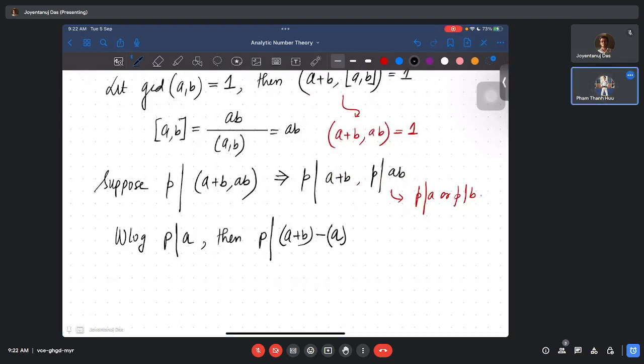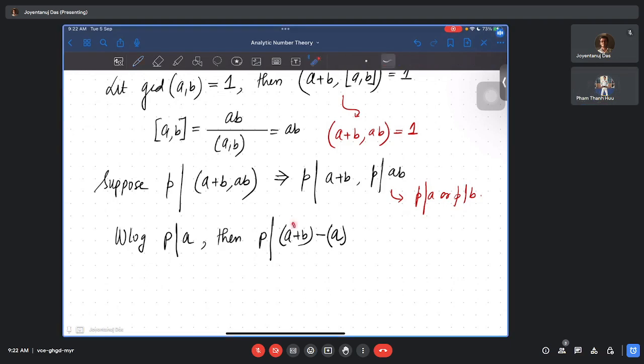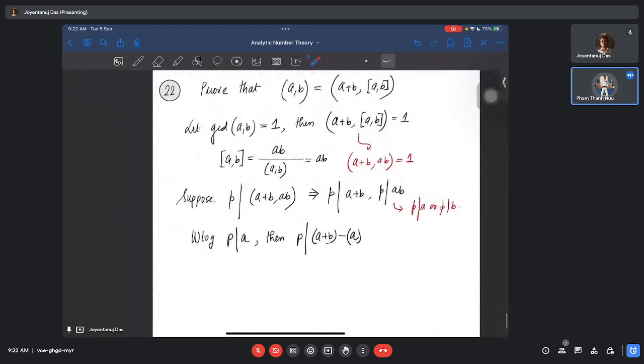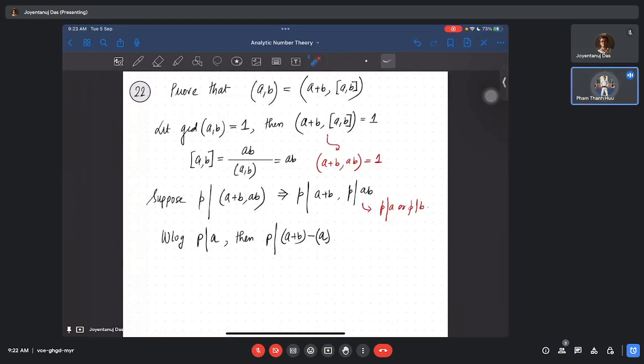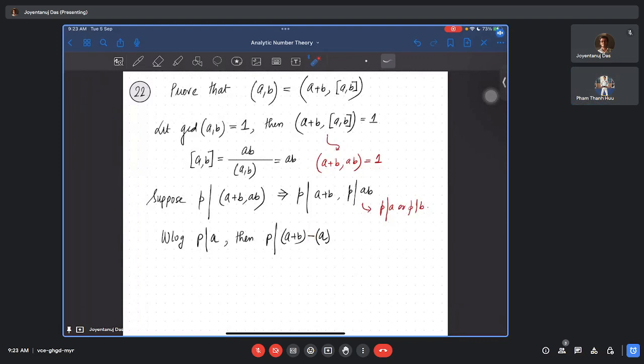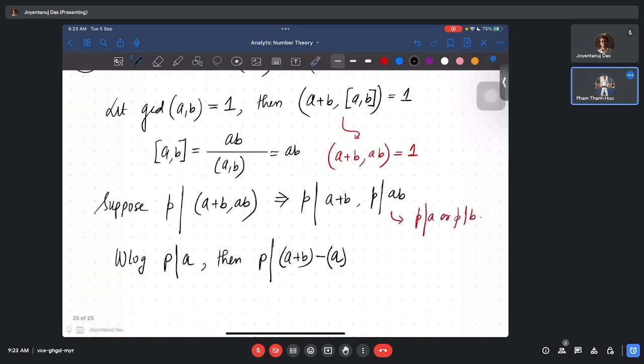So P divides their difference too; addition, subtraction, everything P will divide, because P divides those quantities individually.